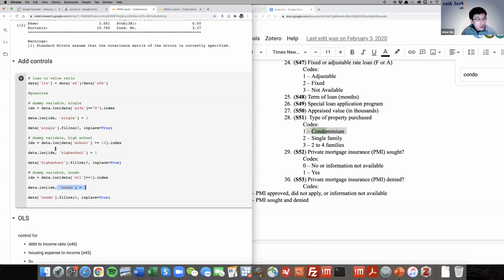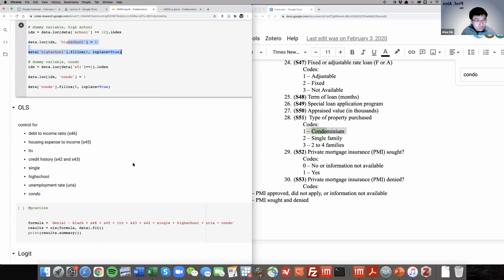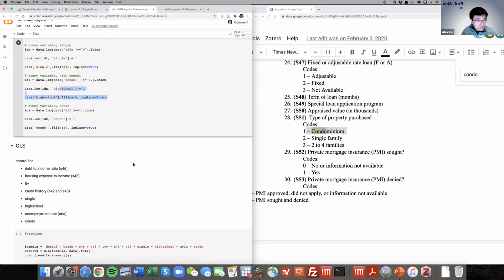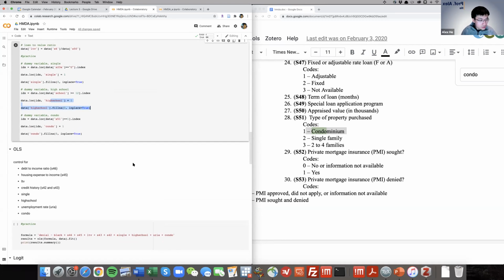You first find the index where it's in that category, and then if it's in the category, it equals 1, otherwise you fill the rest of the missing ones with 0. Okay, so now we have all of these variables. Let me keep this part on the screen.